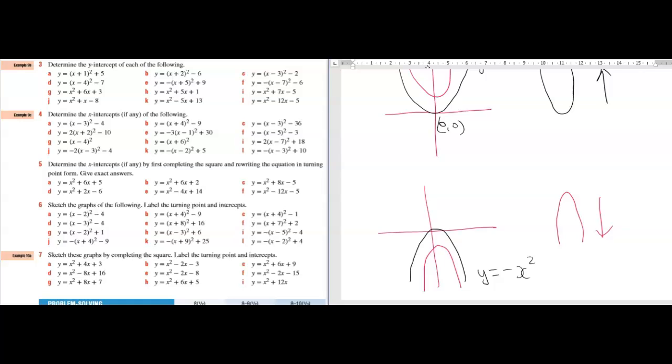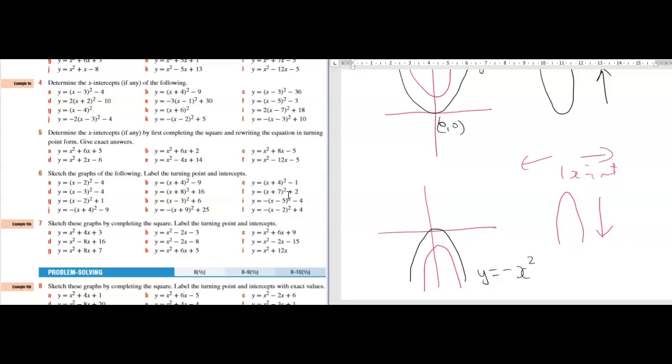Now, if it's only gone left or right, not up or down, you're going to have one x-intercept. That's what I meant by G and H. G has gone to the right 4. H has moved to the left 6, but they haven't gone up or down, so you only have one x-intercept for them.